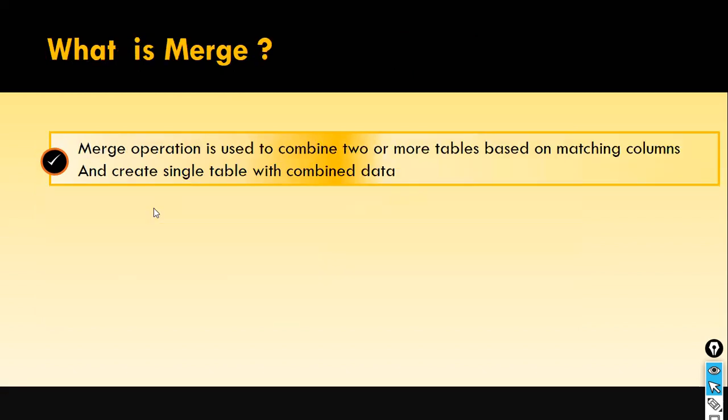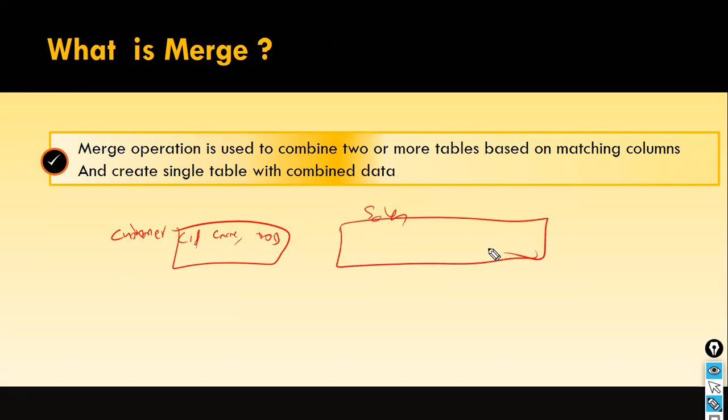Like I said, I have a table called customer. In the customer table, I have CID, which is the customer ID, C name, customer name, and date of birth. And I have a sales table.